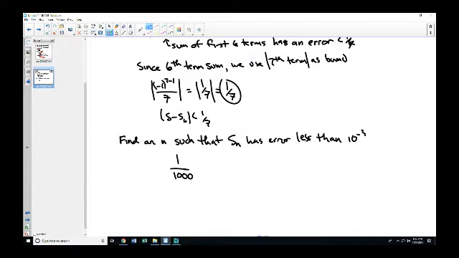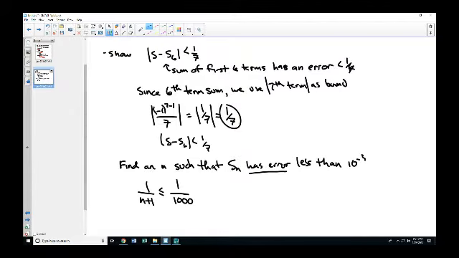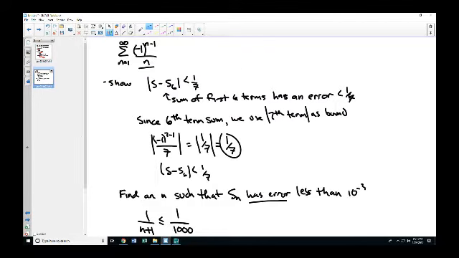Okay, so again, alternating series, what term do we use for error? The one after? Yeah, so if we have a series that has n terms, it's n plus 1. So we have the n plus 1th term of this series, right?